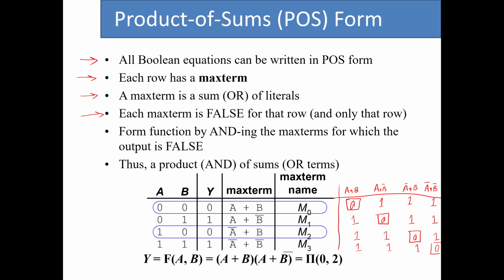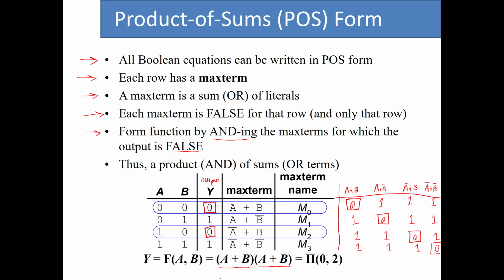So now that we have this, we can form the function by ANDing the max terms for which the output is false. So we look for the rows for which the output is false, and then we AND the max terms that associate with those rows.